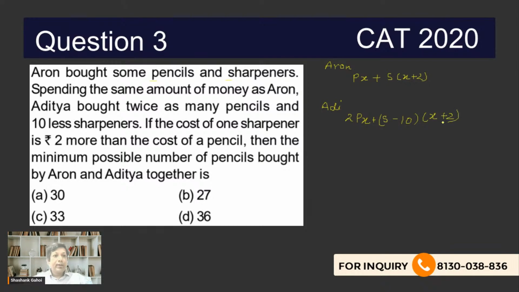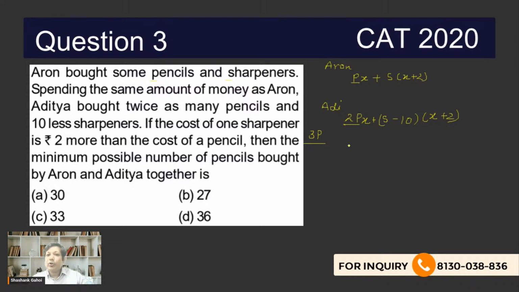The minimum possible number of pencils bought by Aaron and Aditya together. Aaron bought P, Aditya bought 2P, so the total number of pencils is 3P. So my answer should be a multiple of 3. All the options are multiples of 3, so this is not the approach we can follow.